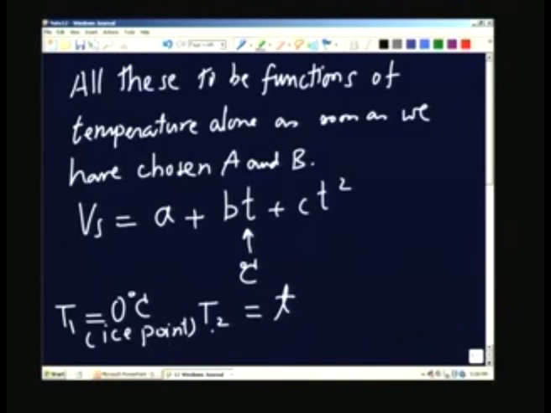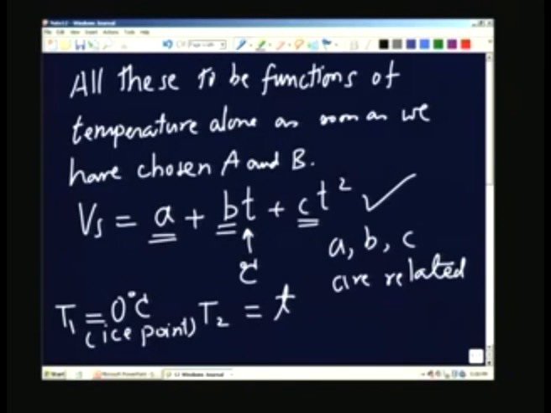If I take the temperature T2 as equal to T and the other temperature as a reference value at ice point, then I can write something like this. And the coefficients A, B and C are related to the three effects.